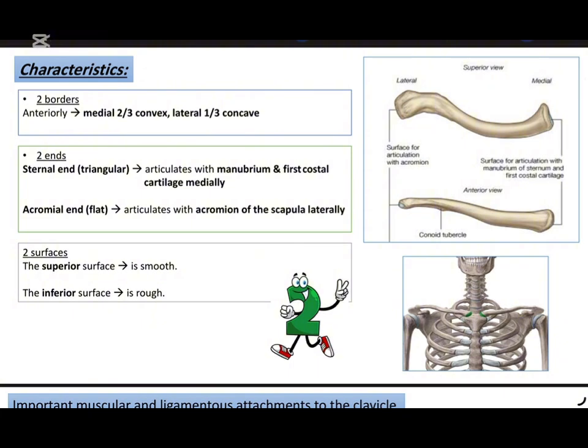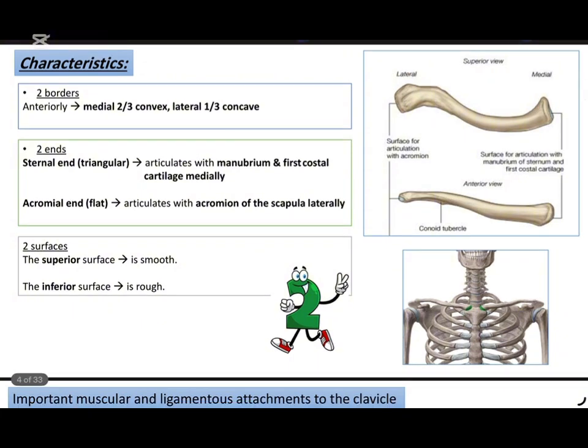Next, we have the lateral end here. This is the lateral end because it is located laterally. It is a flat end. So when you go to the lab, you compare both ends with each other. You see that this is triangular in shape, while the lateral end is a flat end. And I call it the acromial end because it is attached to the acromion of the scapula.